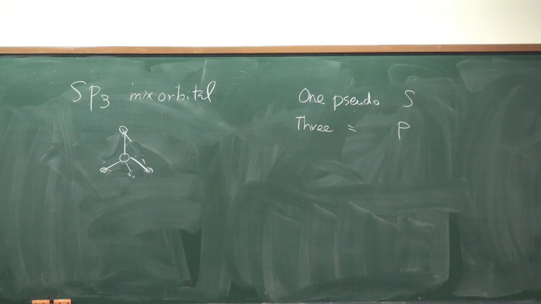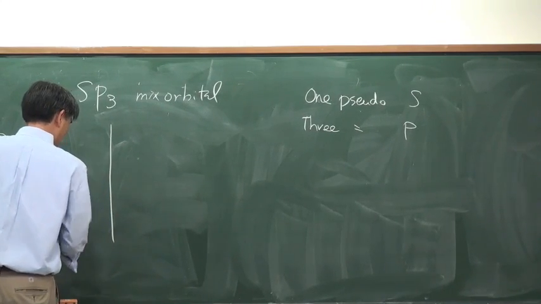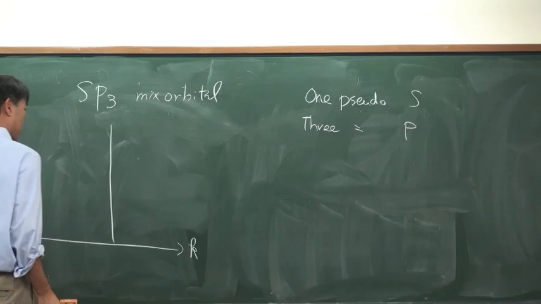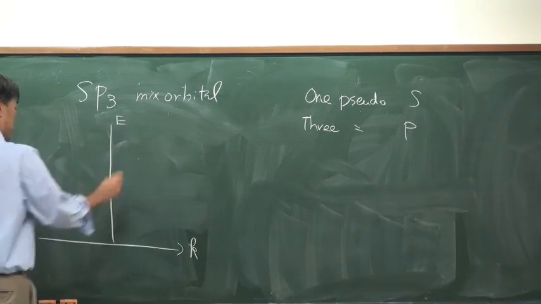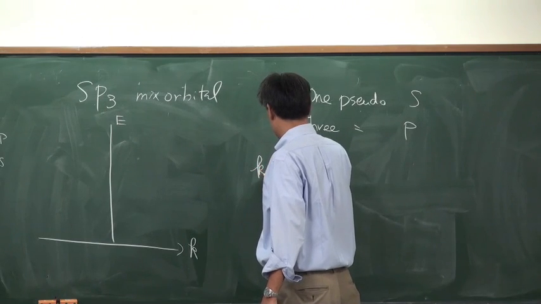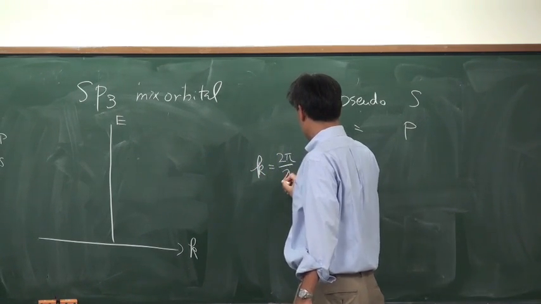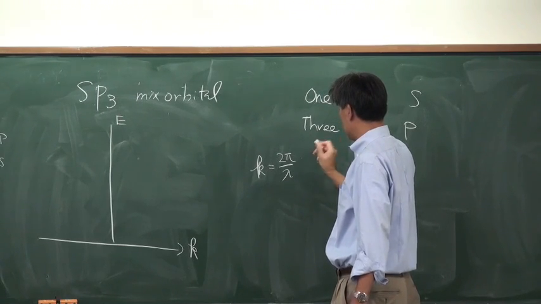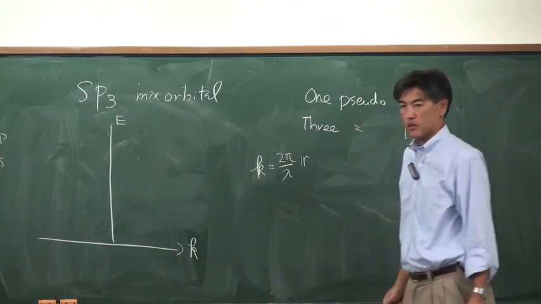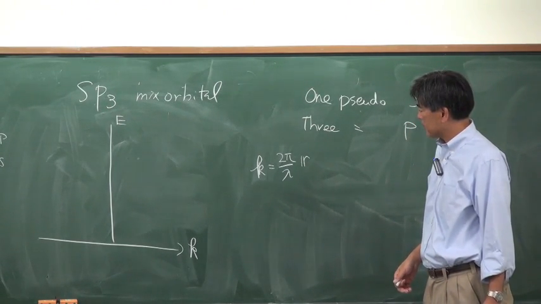So the sp3 diagram looks like this. I'm going to plot as a function of K and energy. K is actually a vector, 2 pi over lambda, with some real space vector.